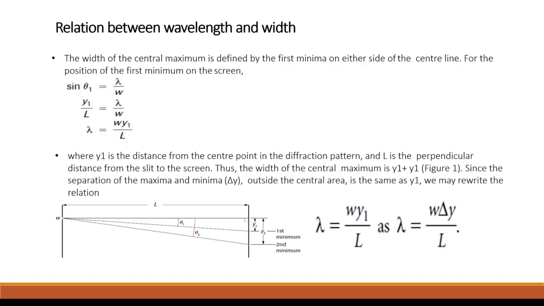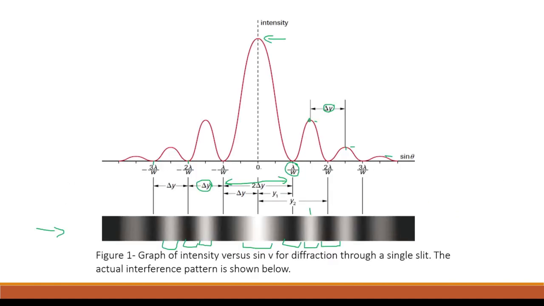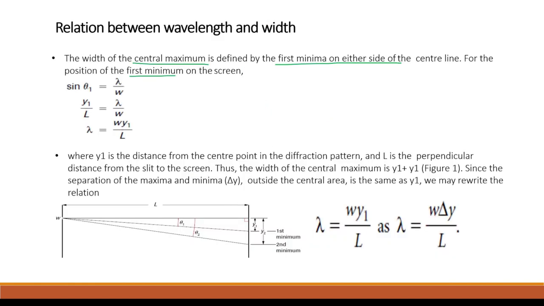So now let's look at the relation between wavelength and width. The width of the central maximum is defined by the first minima on either side of the center line. For the position of the first minima on screen, we have sine theta. What value does it have? It occurs here. First dark spot, right? First minimum is lambda over w. So we can say that sine theta is equal to lambda over w.